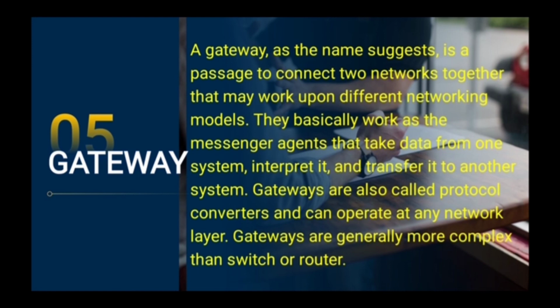They basically work as messenger agents that take data from one system, interpret it and transfer it to another system. Gateways are also called protocol converters. What are protocols? In a later session we will understand what a protocol is. Gateways can operate at any network layer and are generally more complex than a switch and a router.